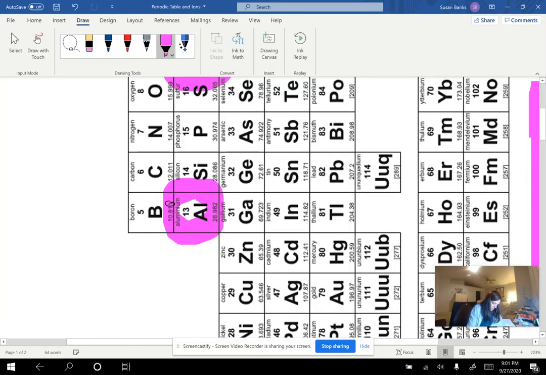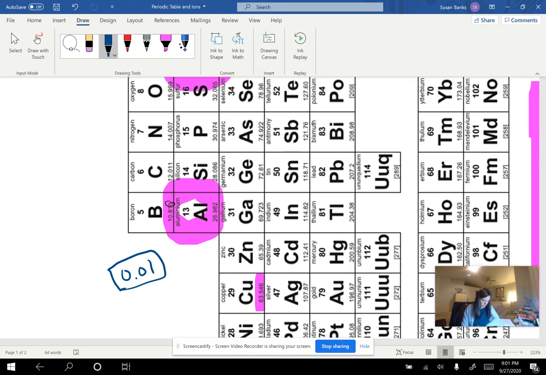So if I look at copper, I've got 63.55. Now remember, we are going to round to the nearest hundredth of a gram when we do this.